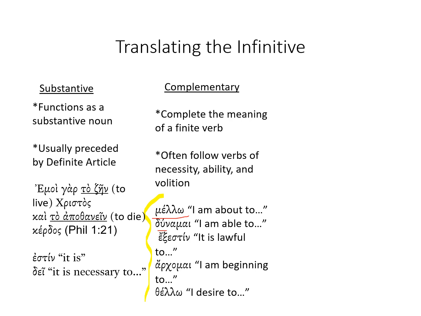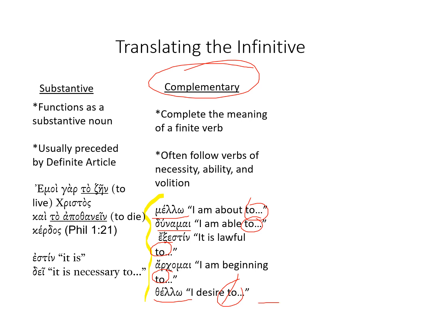I am able, dunamai, I am able, and here I've included to as the actual infinitive keyword for translation. But these verbs themselves don't need that. So for instance, thelo, I desire, well, that's a verb that needs to be completed somehow. It needs a complement. I desire what? I desire to, and that's where the infinitive comes in.